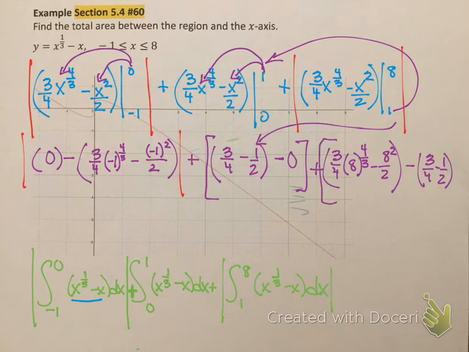So this all goes together, and I need to remember to do my absolute value bars. Okay, turns out that your answer is 83/4.